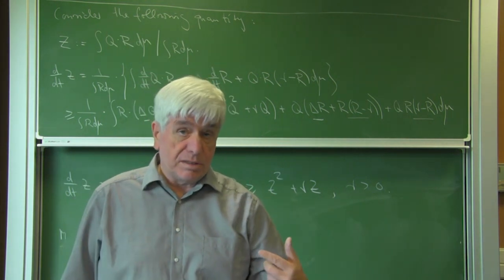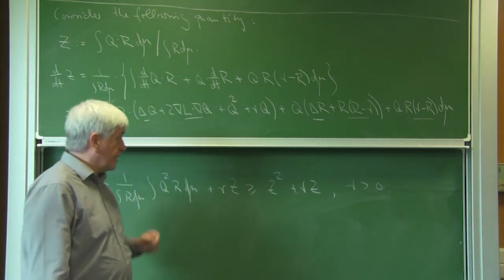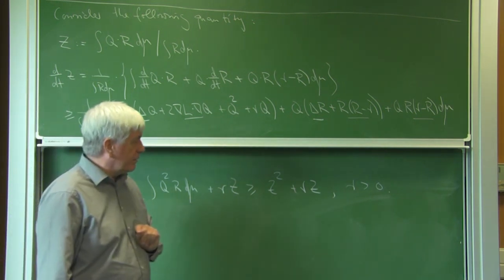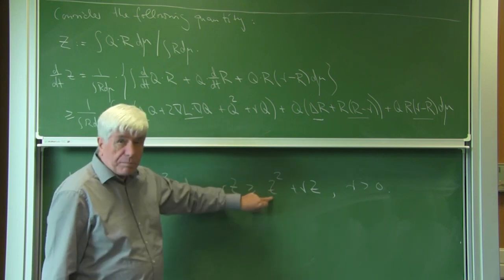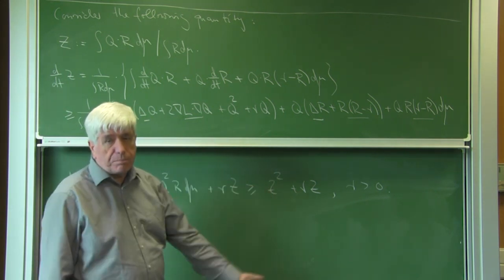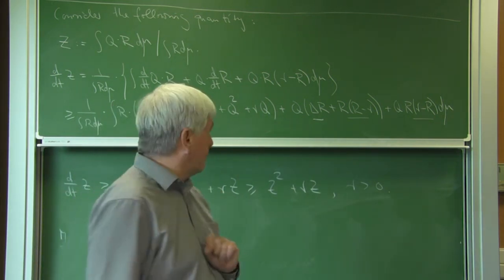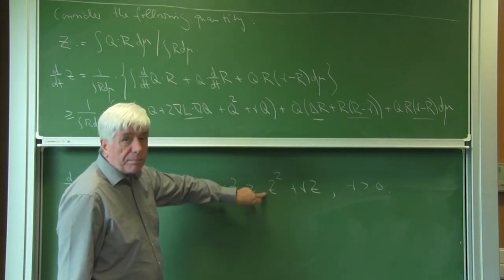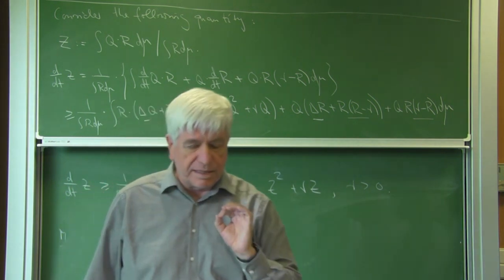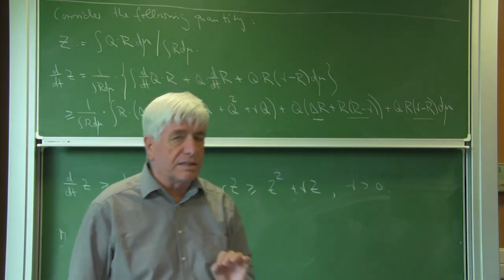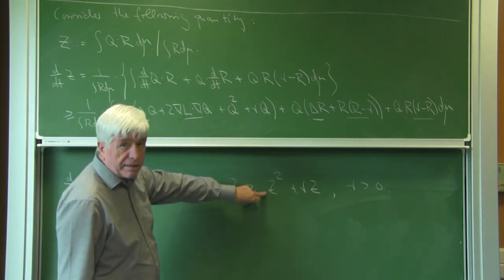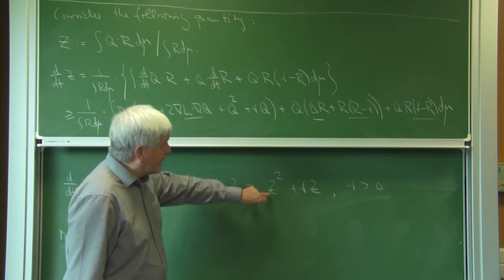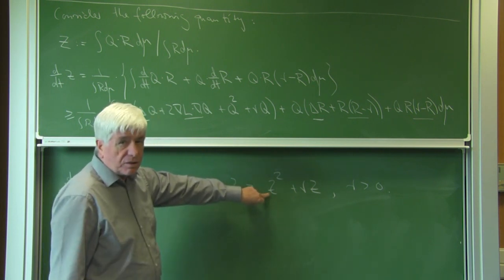Now, if Z at any time would be strictly positive, this term is positive, you can throw it away, then it would remain positive, and the Z squared term would make it blow up to infinity in finite time. But that cannot happen, because we have already proven there's a smooth solution for all time. So it's completely impossible that this can blow up in finite time to infinity. So it can never happen that Z is going to be greater than 0.